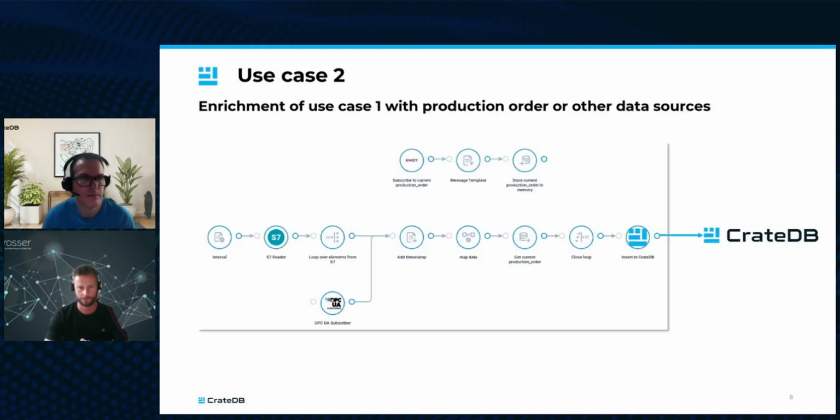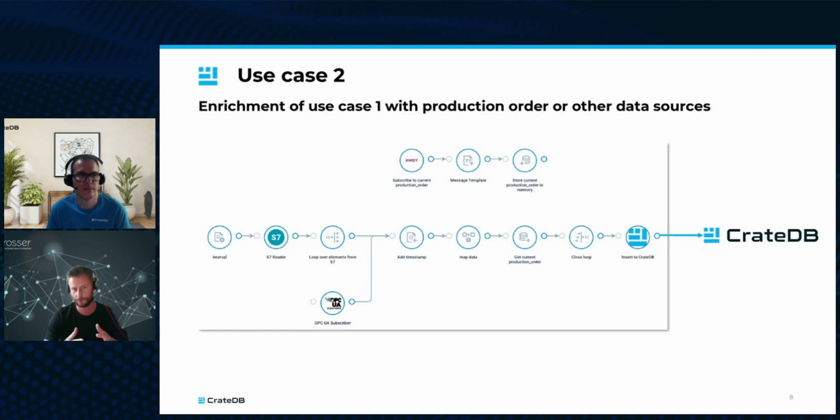The next one is to some degree similar, but here we combine data from different sources directly in Crosser. So the second part, the bottom part of the flow, looks familiar to what you've seen before. But in this setup, we get even one step further and add directly production-related information to the data flow. Second part at the bottom, aggregation of sensor data, but we enrich the sensor data directly with the production order that is currently being set on the MES system.